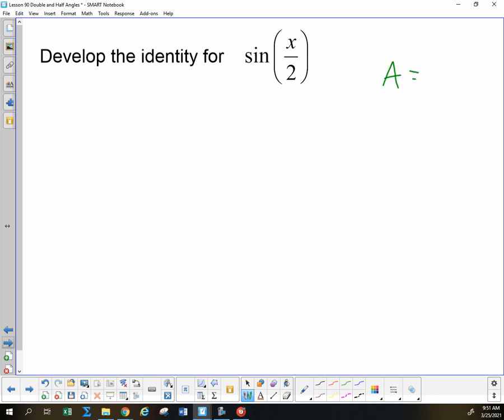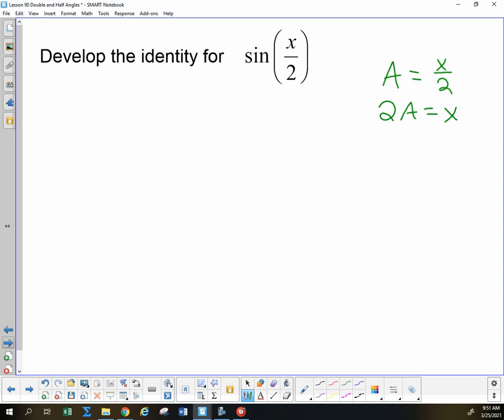And I am going to let a be x over 2 so that I can go back and use one of those formulas I just did, and then I'll get back to the x over 2 later. That also means that 2a is equal to x. So anywhere I want in my proof, I can do that substitution for either one of those two lines.